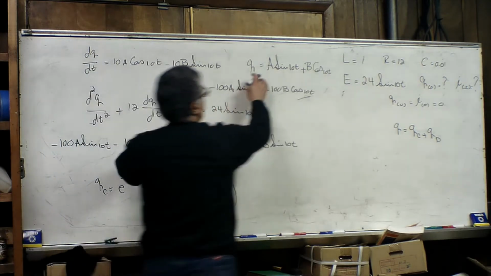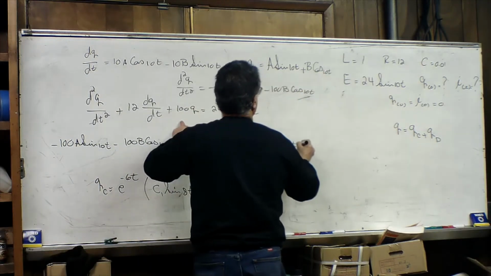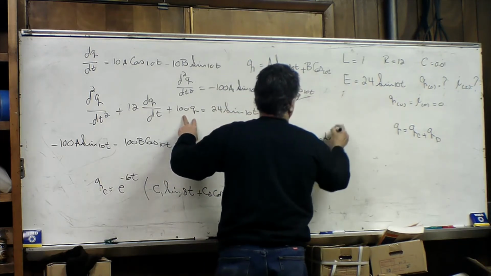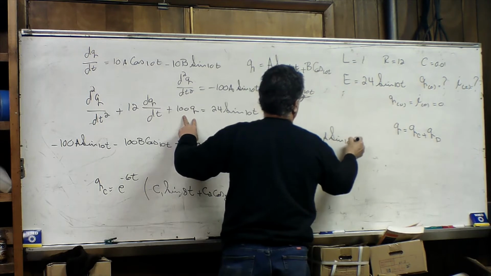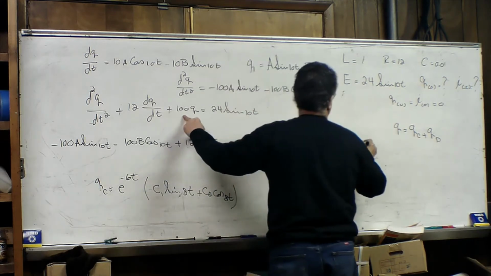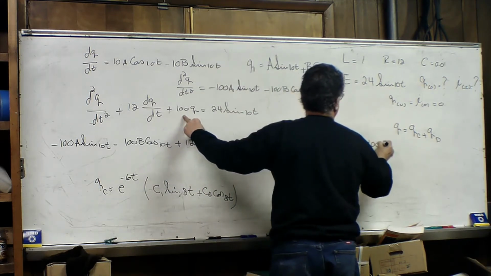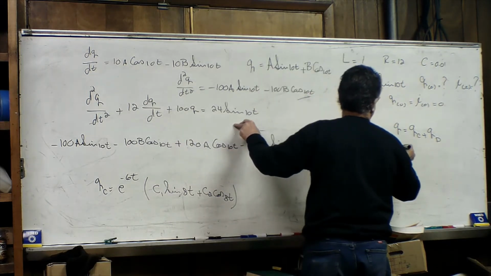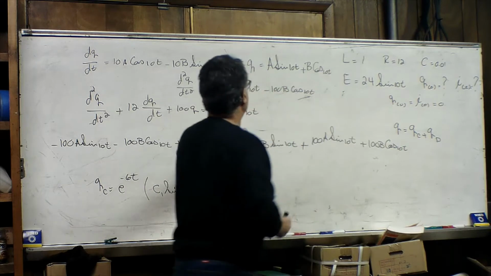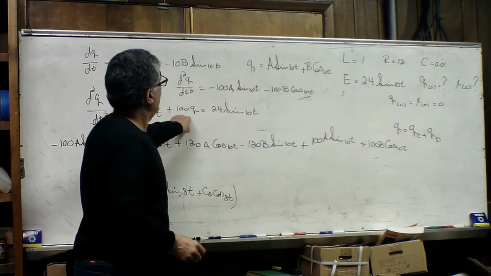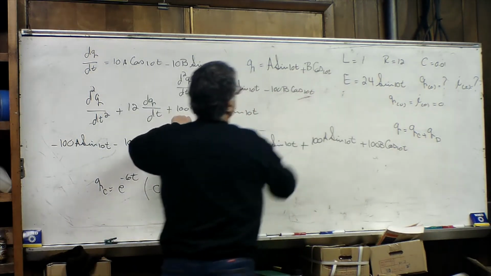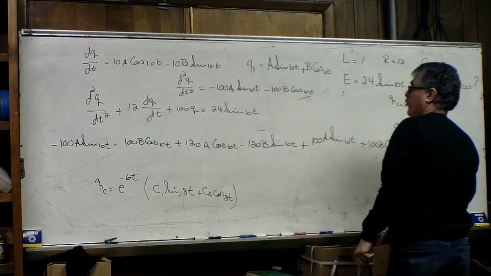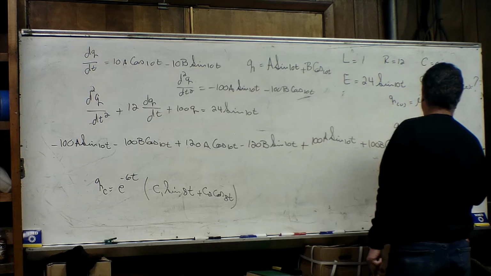So 100 multiplied by q is plus 100a sine of 10t plus 100b cosine of 10t. All of this is equal to 24 sine of 10t.